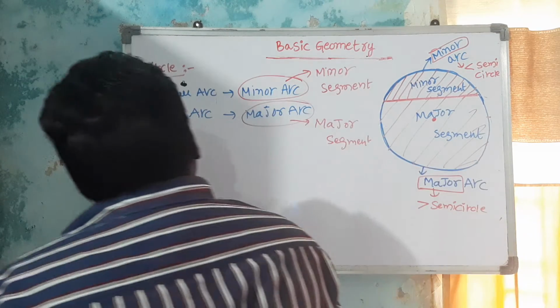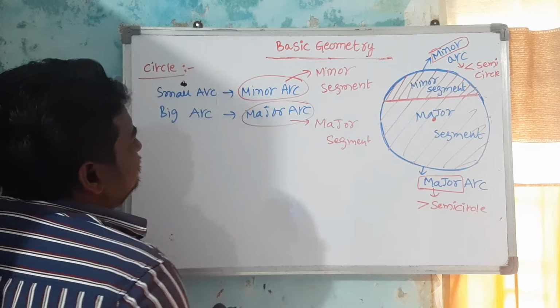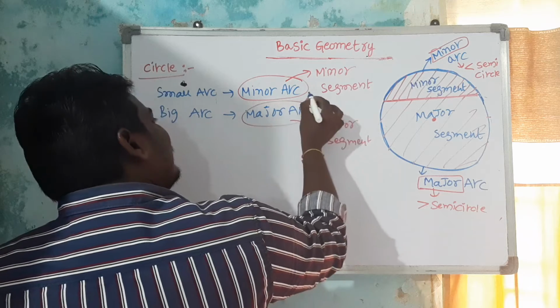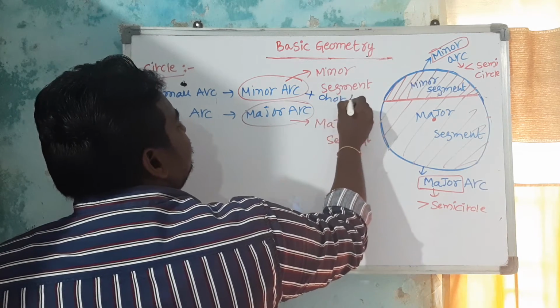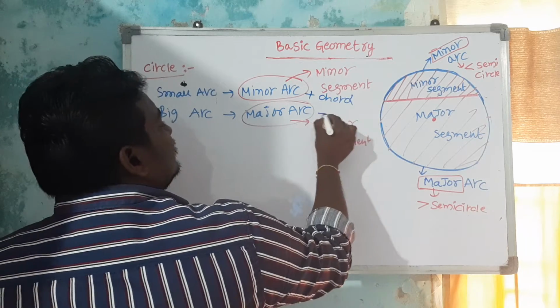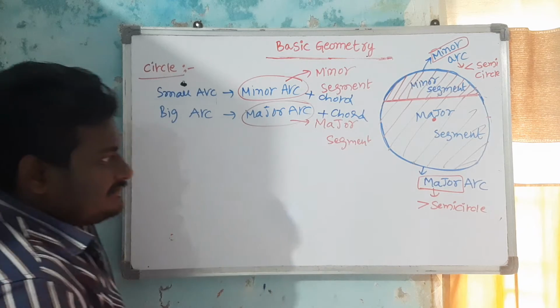This is called the minor segment and that is called the major segment. Minor arc plus this chord will form the minor segment. Major arc plus chord will form the major segment.